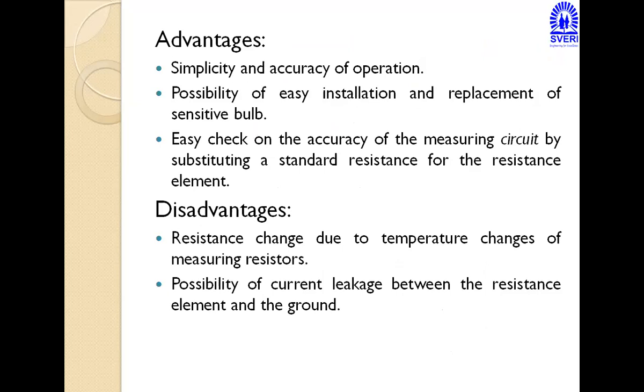Second, possibility of easy installation and replacement of sensitive bulbs, meaning you can use the laboratory type and industrial type resistance. Third, easy check on the accuracy of the measuring circuit by substituting a standard resistance for the resistance element.